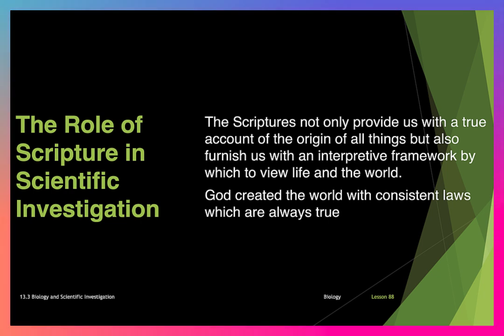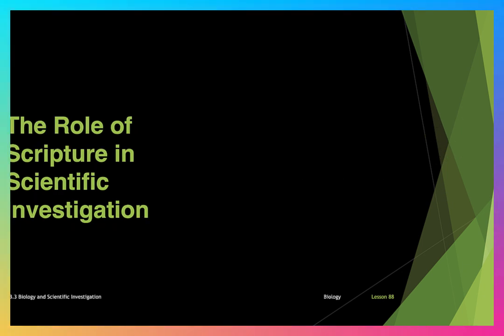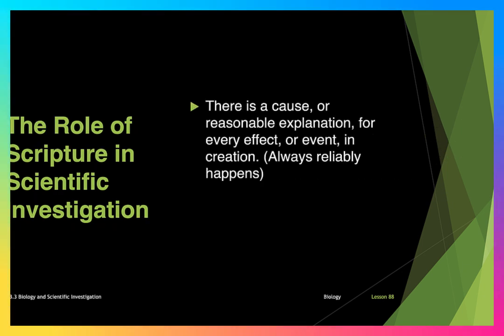There are rare exceptions to these rules. Most of these would be called miracles of nature or in nature, but for the vast majority of things, the consistent laws are always true. That said, there is a cause or reasonable explanation for every effect that occurs in the universe, and it reliably happens time after time after time.